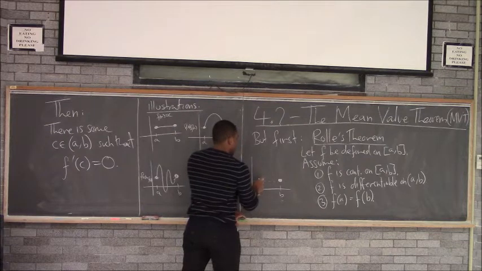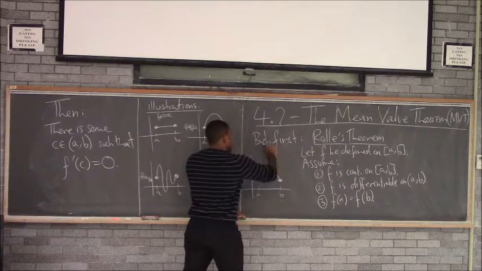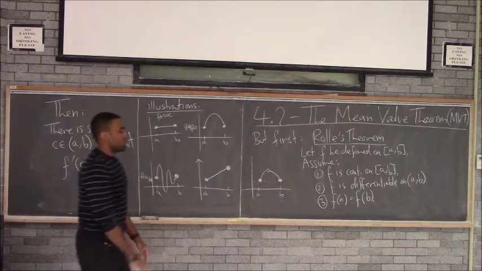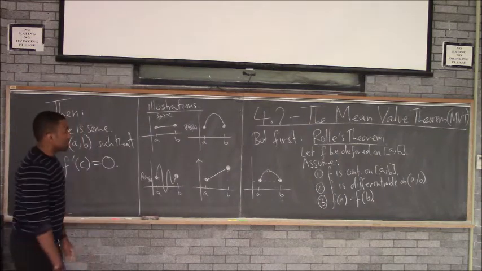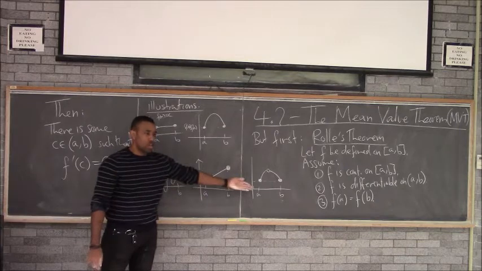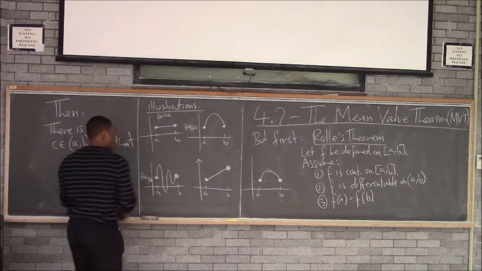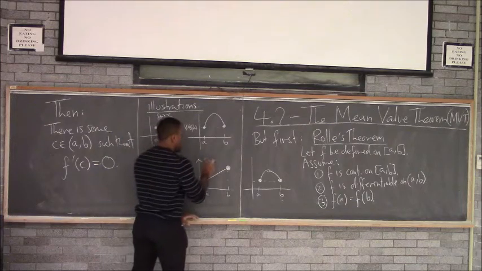So something like maybe a hole, or maybe even an asymptote could work. So there's a point where I'm discontinuous. Rolle's theorem tells us nothing about these two situations because the conditions aren't fulfilled. So here, it does not apply.